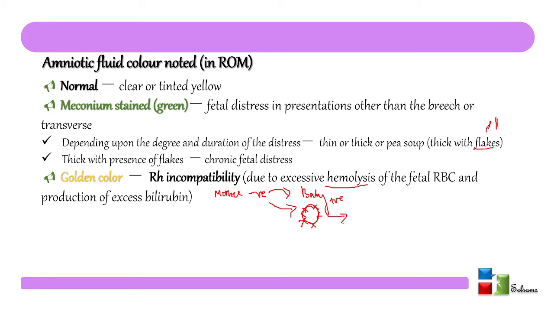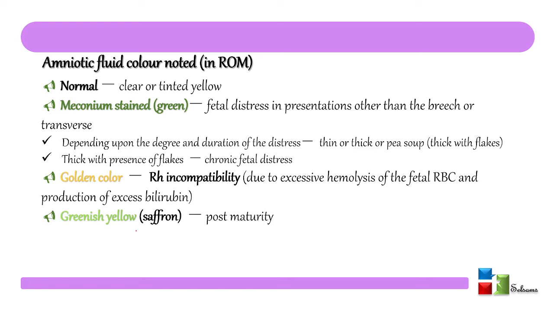So ultimately it leads to increase in bilirubin, and that is why the patient has jaundice. So that will be in golden color. Greenish yellow saffron color and post maturity indicates more than 42 weeks of gestation.